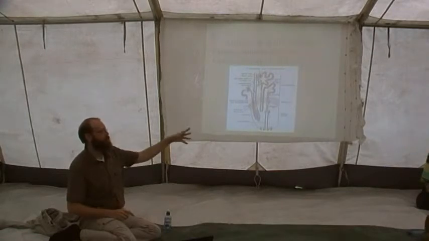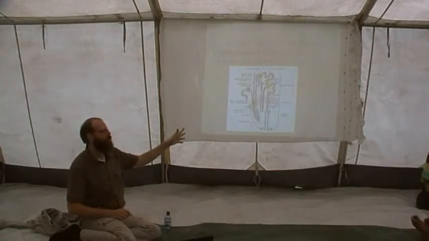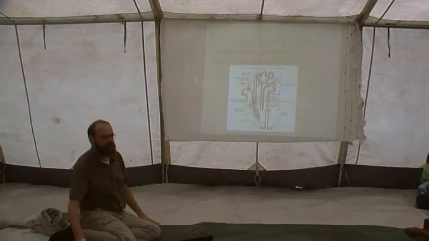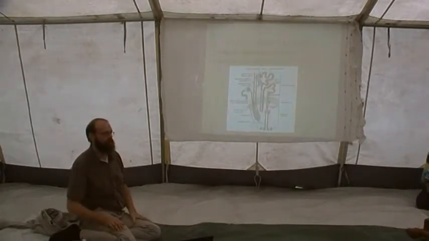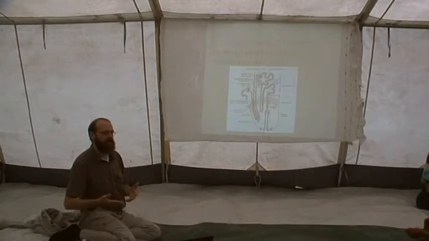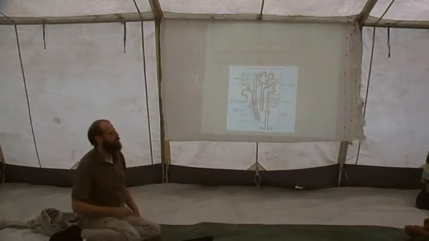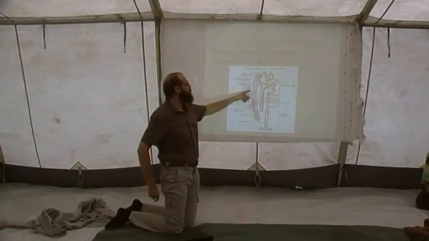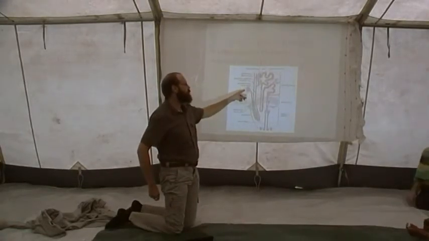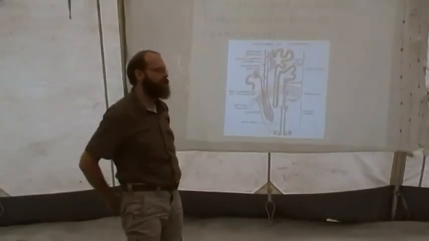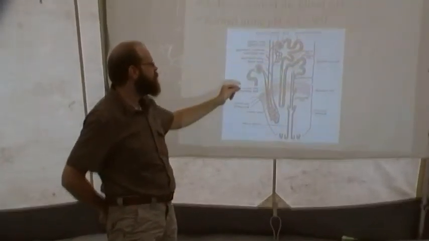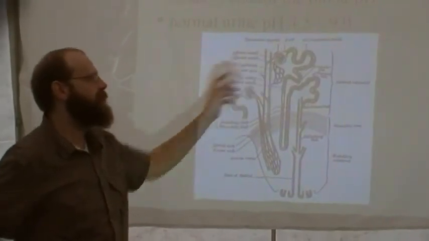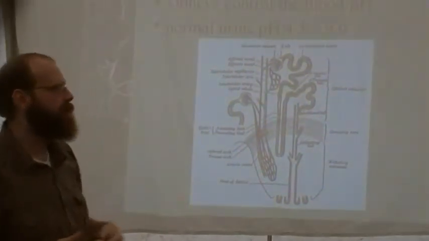This is a schematic drawing of how our kidney works. I will explain a little because when we go ahead, you need to understand how it works. This little thing here is called the glomerulus. That's the basic unit of the kidney. Two blood vessels always go there: an artery goes in and a vein comes out.